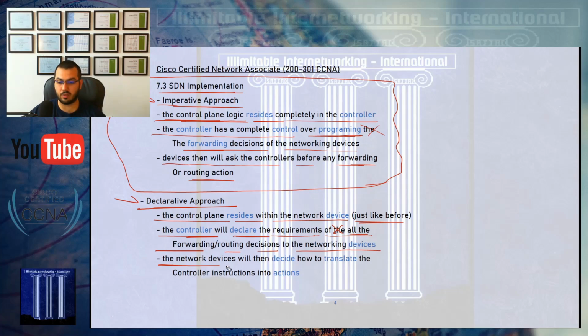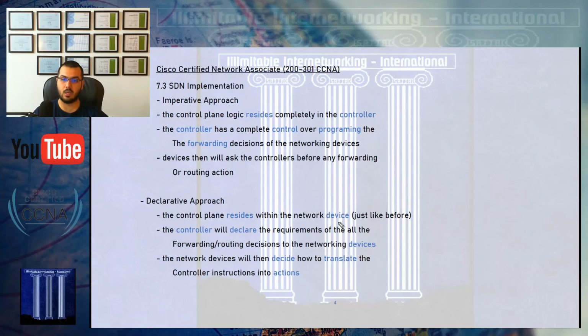The network devices will then decide how to translate the orders they receive from the controller, those instructions, into actions. The network device, the node, will act by themselves because they have received the instructions. The difference here is that this will be faster, of course, because when a router needs to do something, it already knows how to do it.